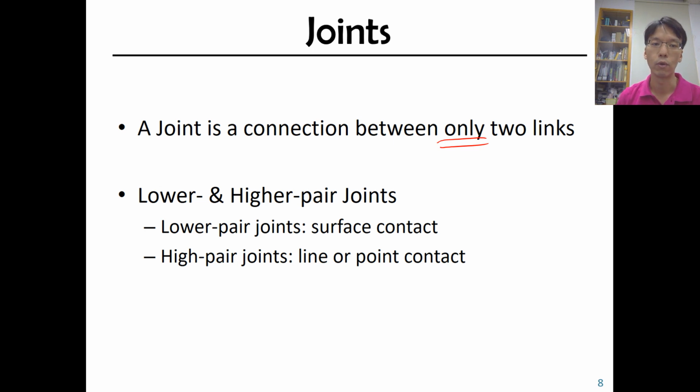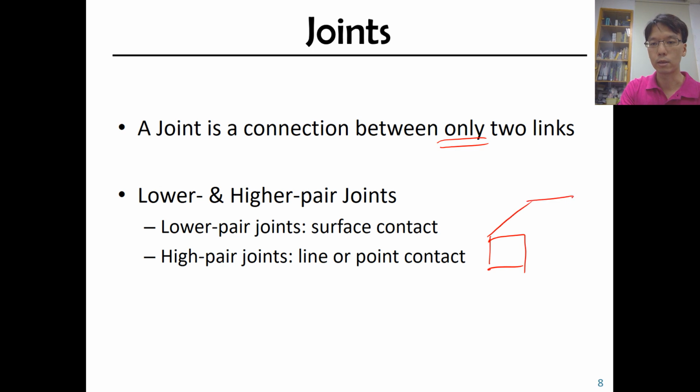One is called a lower pair, another is called a higher pair. So what's a lower pair joint? A lower pair joint means a link and another link, when they contact, are in surface contact.